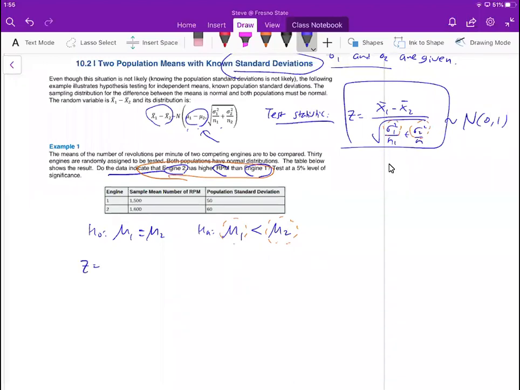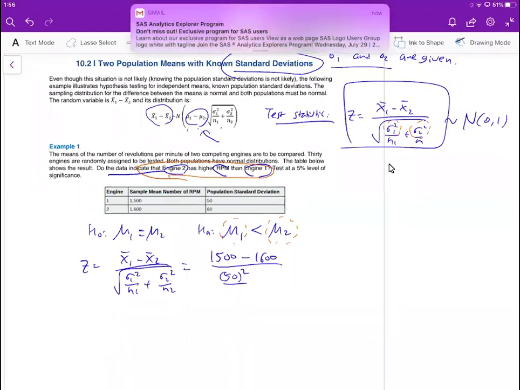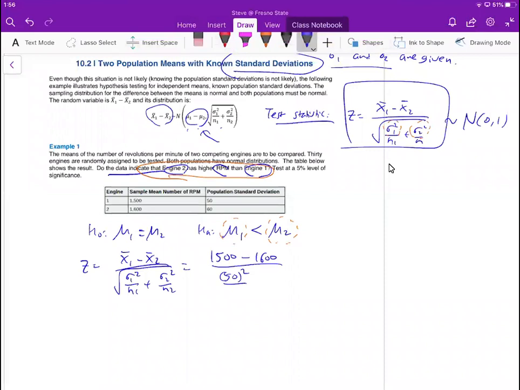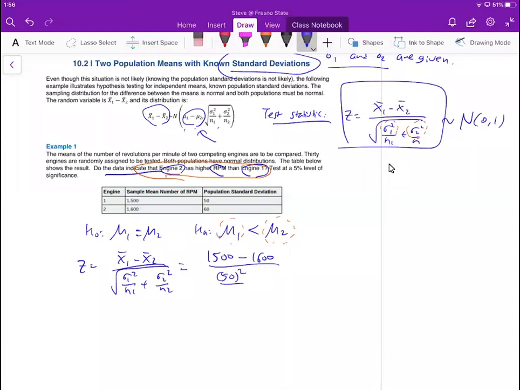So z: what I have is 1500 minus 1600, and then the standard deviation is 50 squared over, and how many from each here? Hmm, 30, yes, both 30.